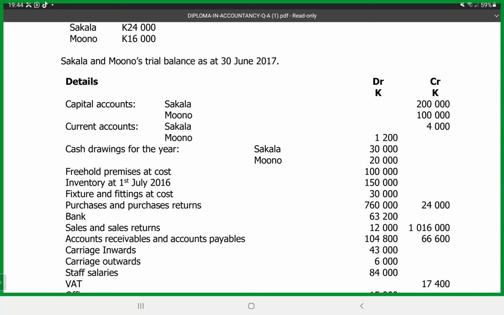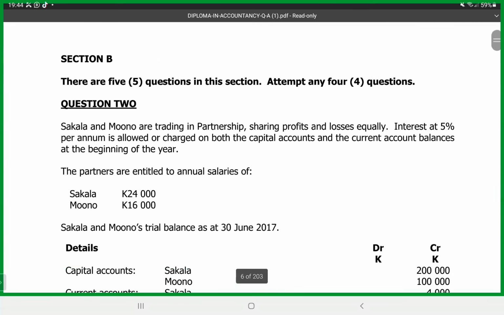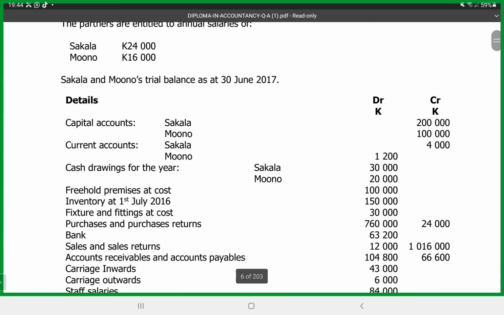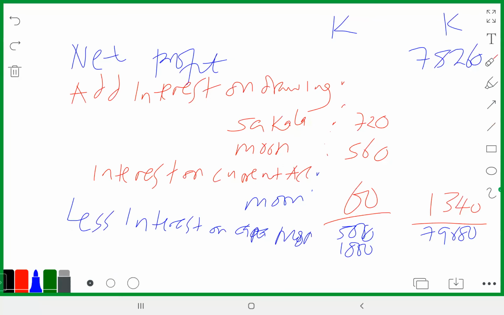So the interest on current account for Sakala is 4,000 times the 5% that we have been given in the question, that interest at 5% per annum is allowed for both capital and current. So 5% of 4,000 is 200. That's for Sakala. Still lessing that, so less for Sakala as well.